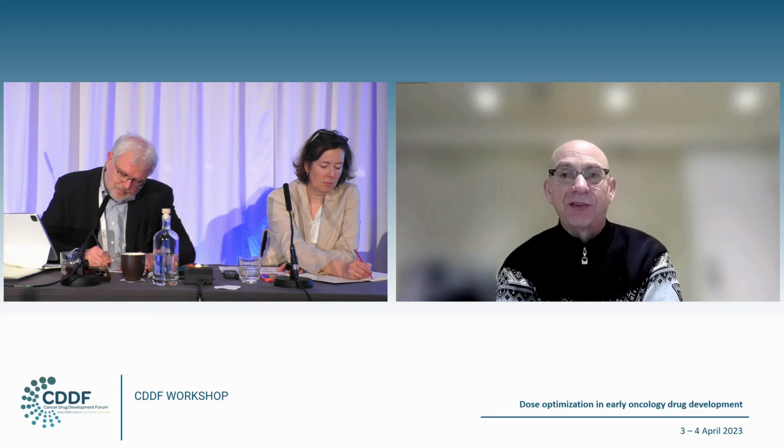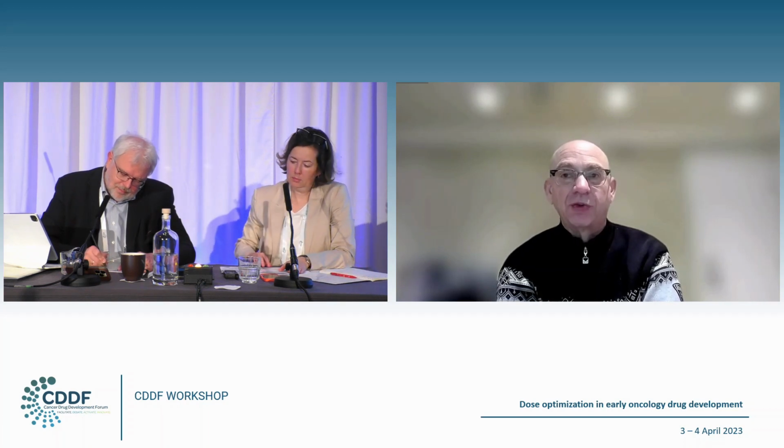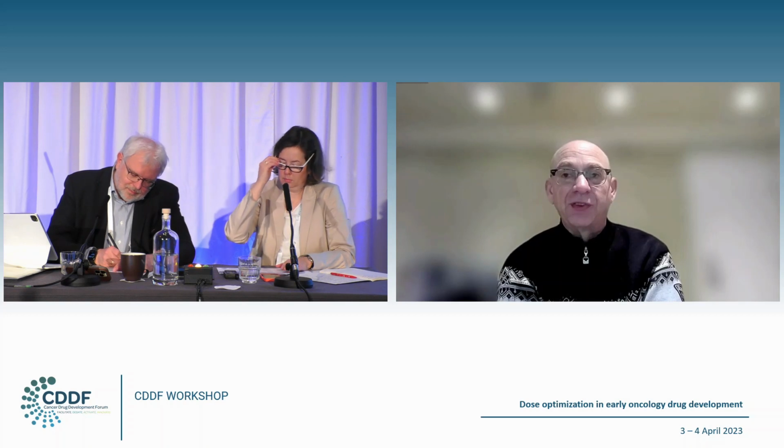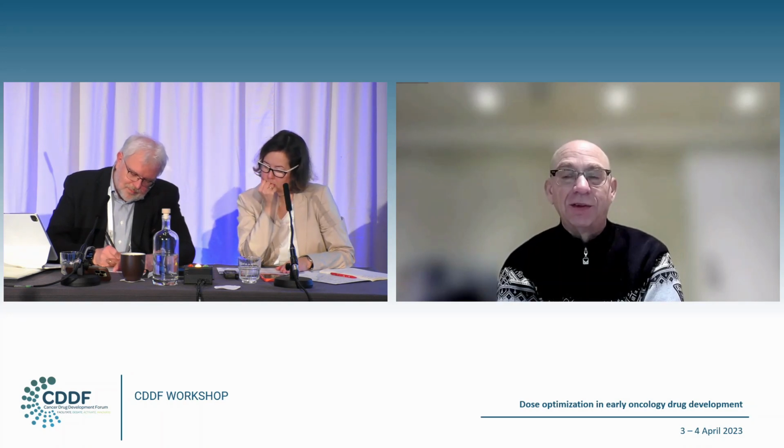And so we can apply the same concept to dose response, look for a relationship between dose and exposure and time to tumor growth. And I believe this can be done with sample sizes along the lines of the temsirolimus and nivolumab studies I showed you, in the range of 35 to 60 patients per arm.